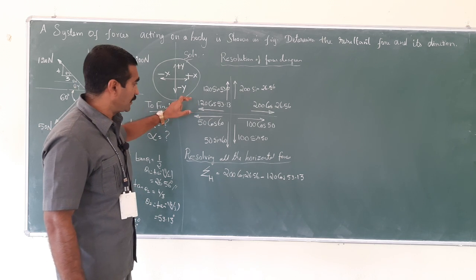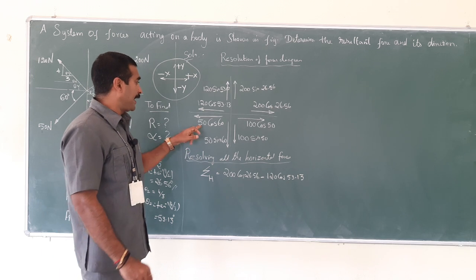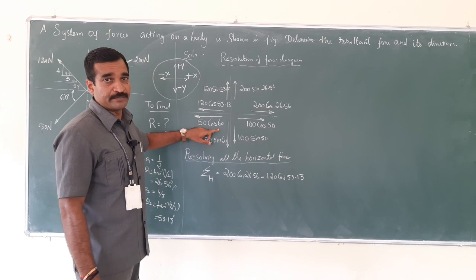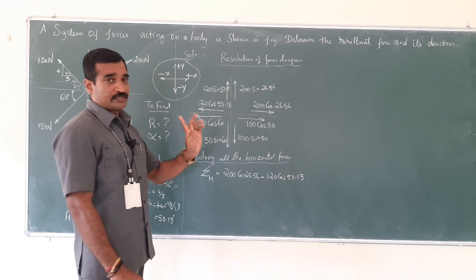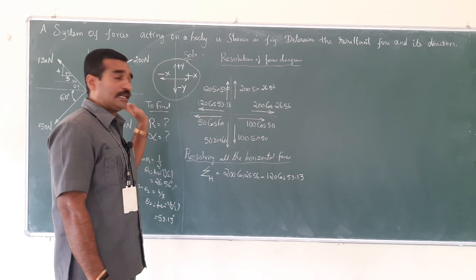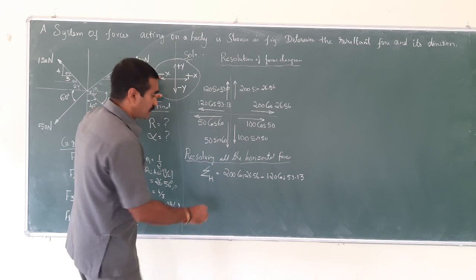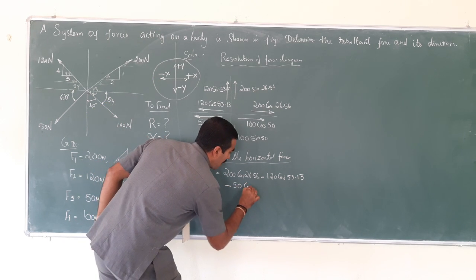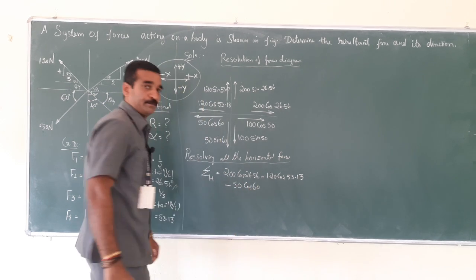Let me just move to the third quadrant, wherein I have a force of 50 cos 60. There is a magnitude which is acting horizontally towards left direction, which carries negative sign, minus 50 cos 60.